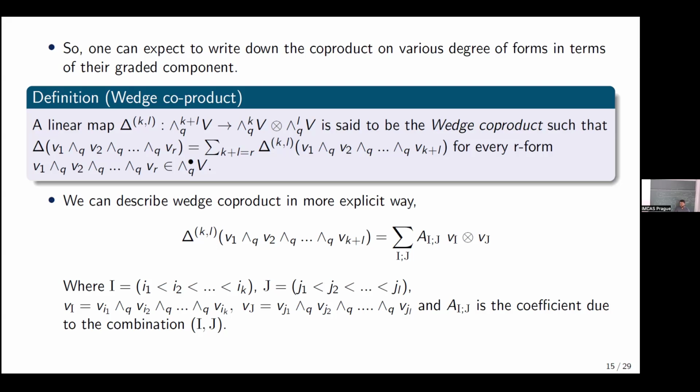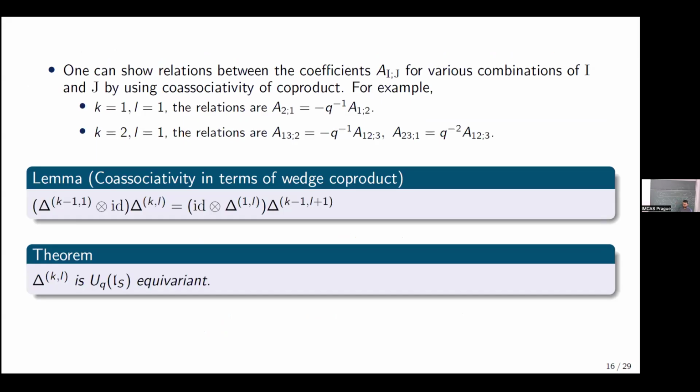How do you find this a_IJ, or how to relate this a_IJ with the relation between this I and J. One can do this to find out the relation between the coefficients depending on the indices that you choose by using the co-associativity of the coproduct. But there are very long formulas for these, so I thought it might be good to give some examples.